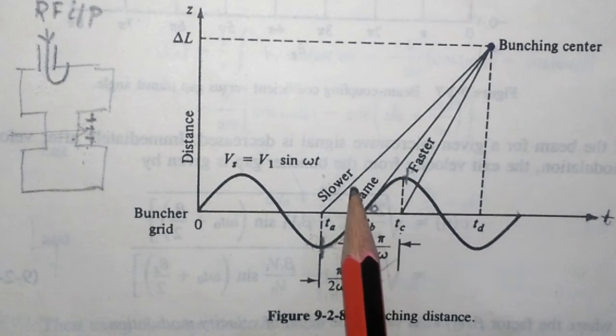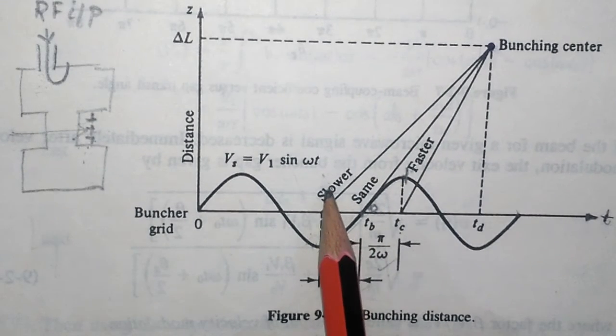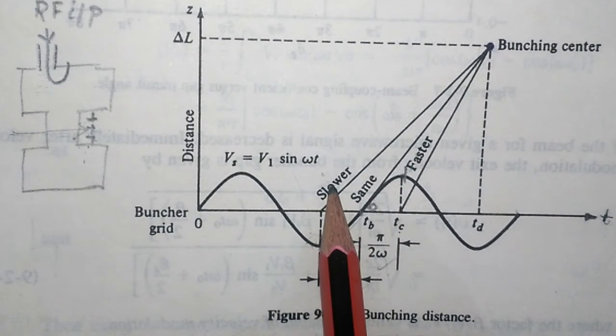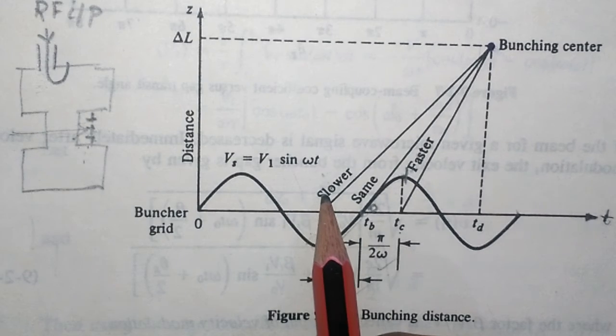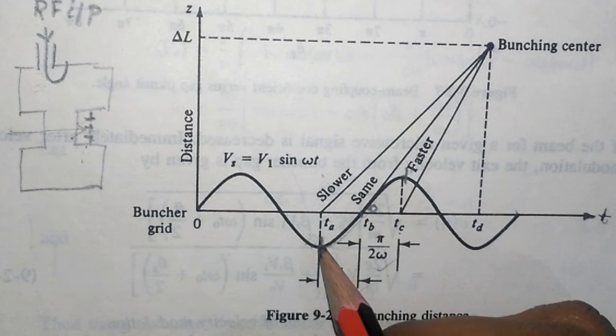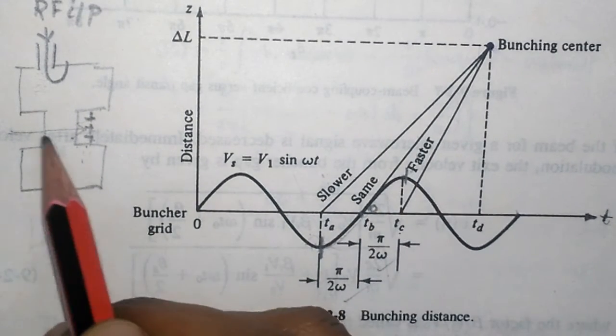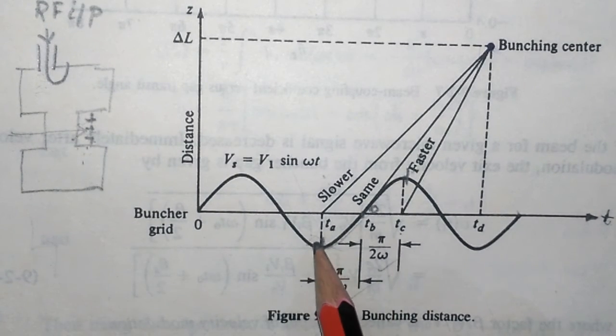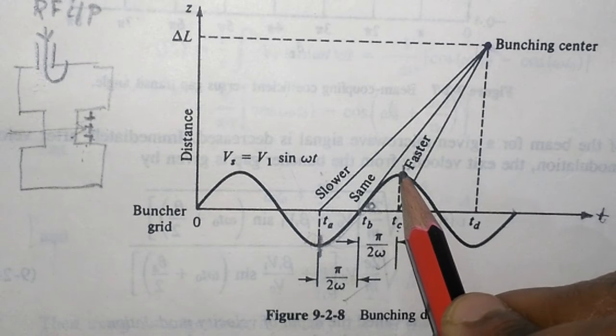So there is every possibility that you, who are fast, can catch up with the slower one who has left earlier. So all the electrons that have left the gap of the buncher cavity from the negative peak to the positive peak have the probability of forming a bunch.